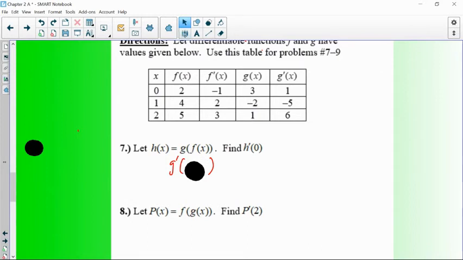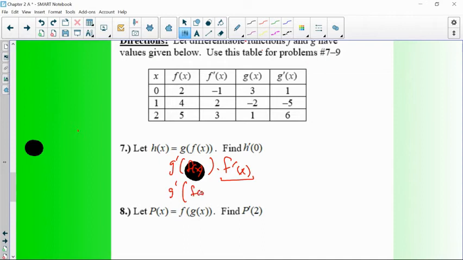Oh, it's f of x, which means f of x has to stay the same. But then immediately you multiply by f prime of x. So the derivative is on the outside, not the inside. So then we use our table of values. Okay, so we're trying to find 0. So it's g prime of f of 0 times f prime of 0. So then what was f of 0? So f of 0, that's 2. So that goes there.